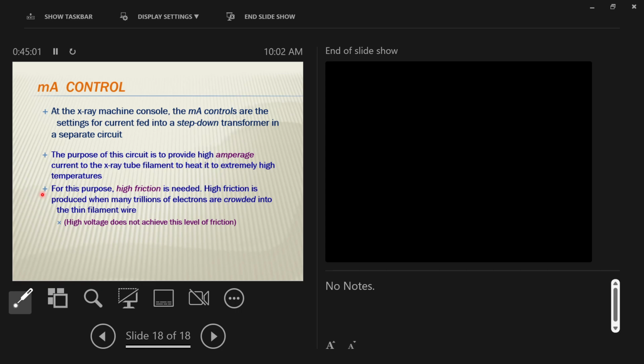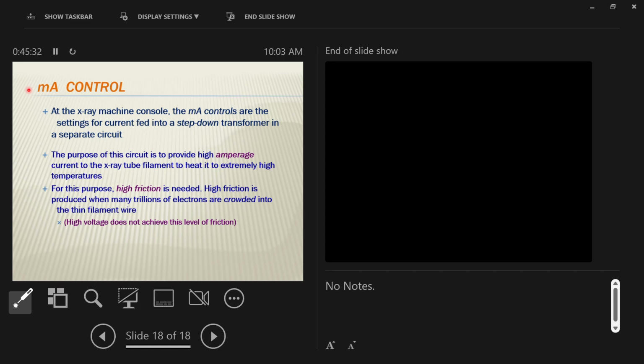In this case, we're going to use electric current to cram electrons into a small filament, and we'll find that we can cause them to jump off of the filament towards this spinning disc. And we'll see what happens with that in a little while, to make X-rays. But we have a setting called the milliamperage setting to control how many electrons move through a circuit, ultimately controlling how many X-rays we make.